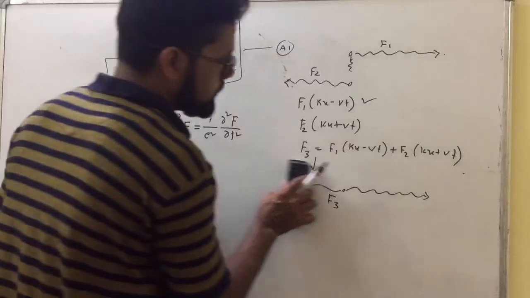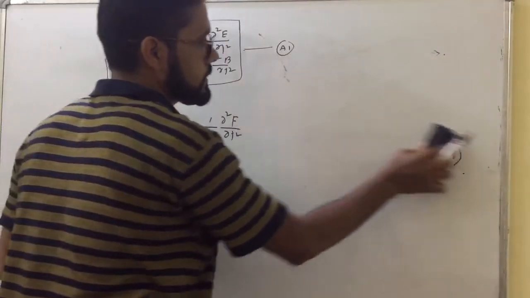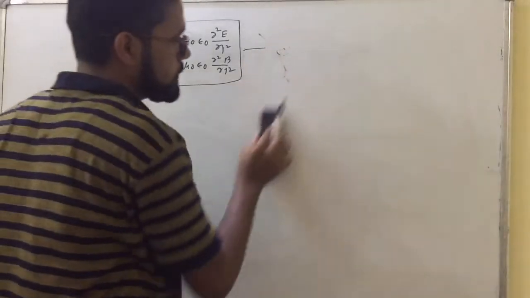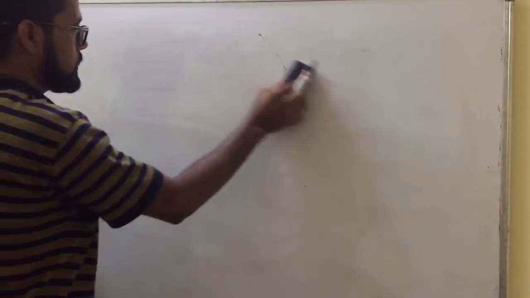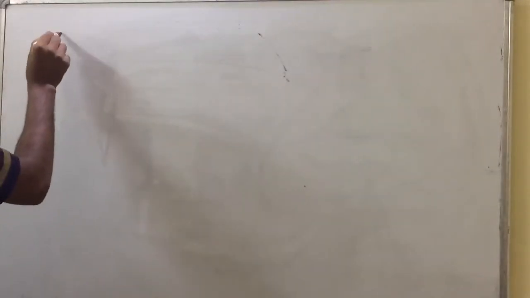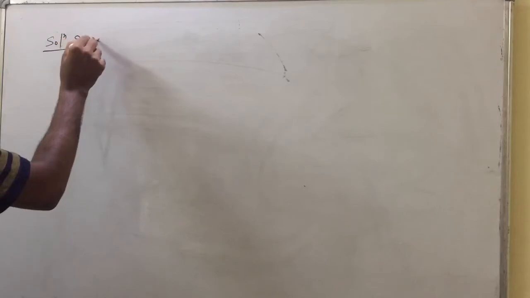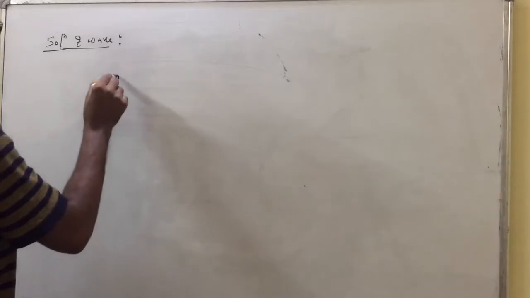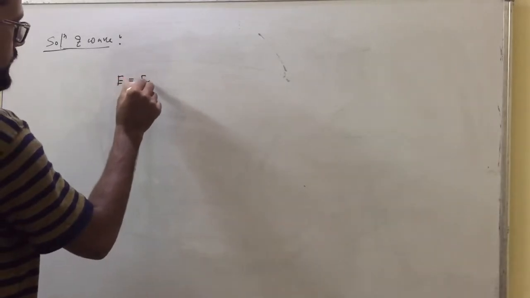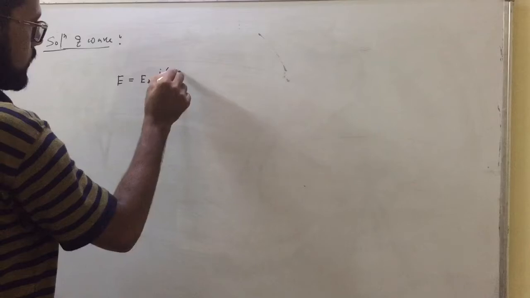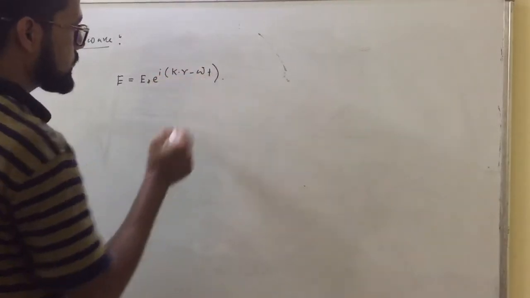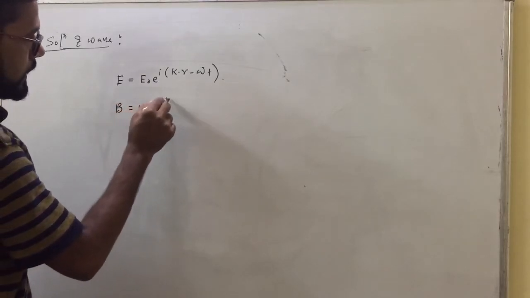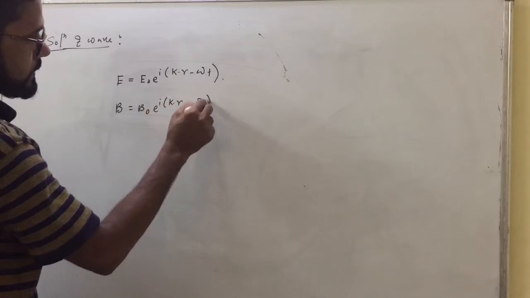Now this is the basic thing. Now our requirement is the solution of the wave equation. What is the solution of the wave equation? What type of solution? The solution of the wave equation is always in phasor form: E equal to E naught e to the power i(k dot r minus omega t). This is in phasor form. Similarly, B equal to B naught e to the power i(k dot r minus omega t).